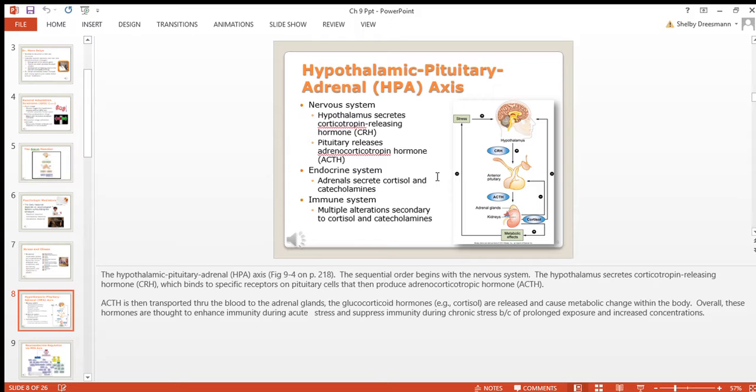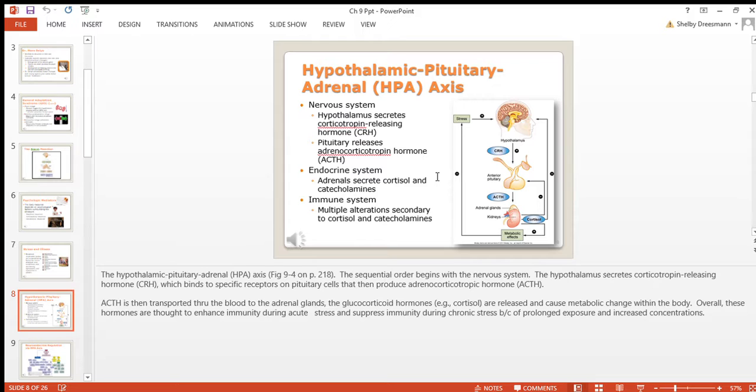This sequence begins with the nervous system: the hypothalamus secretes CRH, corticotropin-releasing hormone, which goes down to the pituitary and stimulates it to release adrenocorticotropic hormone, ACTH, which is then transported through the blood to the adrenal glands. The corticoid hormones such as cortisol are released and cause metabolic changes.